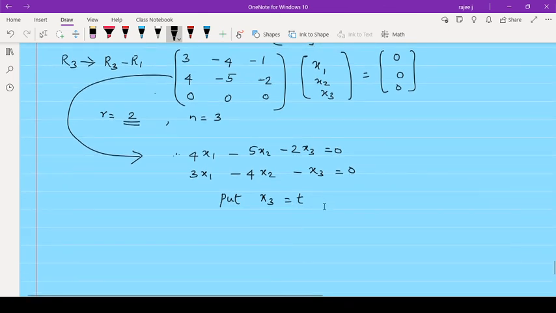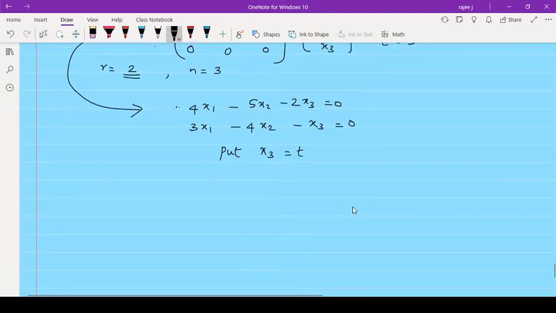Anything you can put for x3: t, t by 2, 3t, 2t, anything like that. That can be given to x1, x2 or x3, any one value you can take, because here r is 2, n is 3, so n minus r means one variable can be given an arbitrary constant. So x3 equal to t I put.